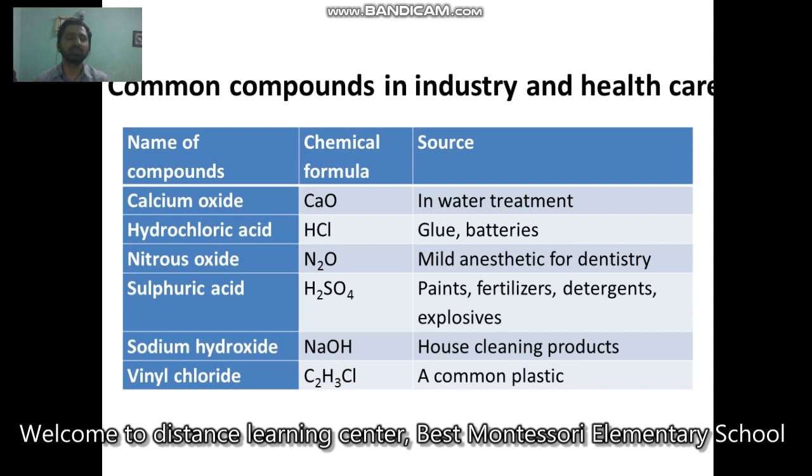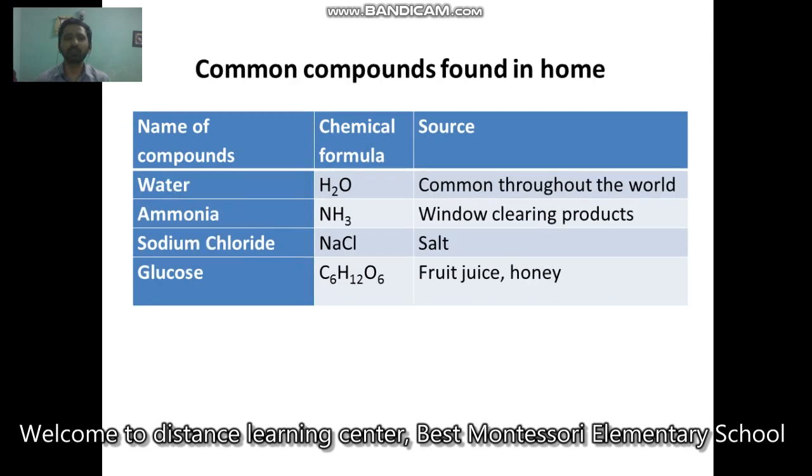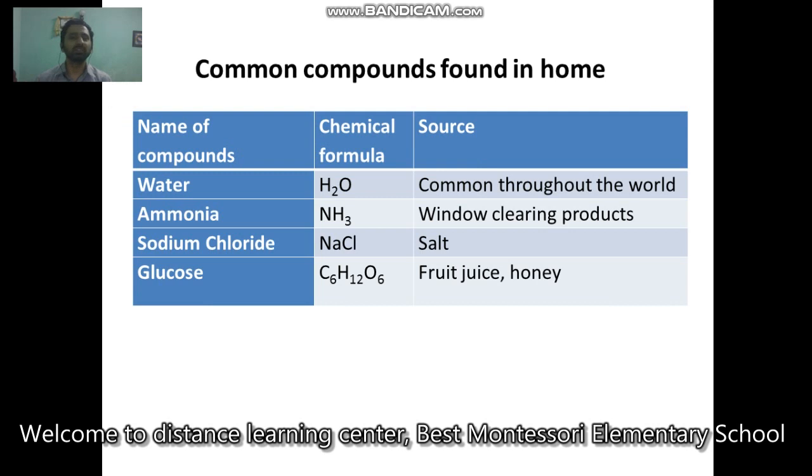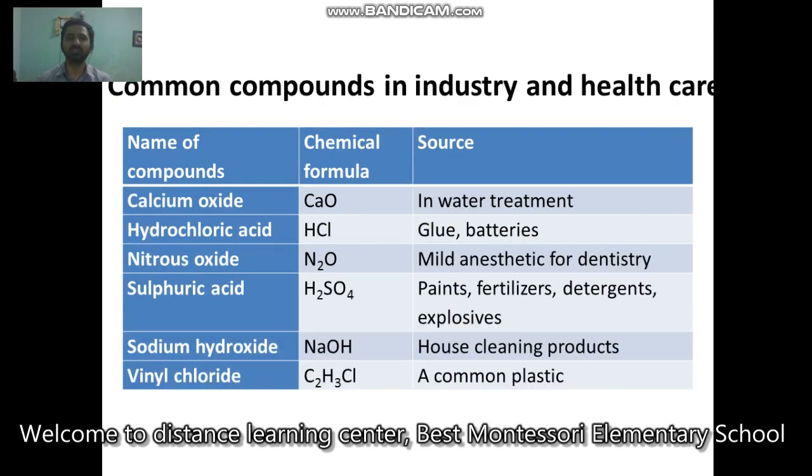We saw some chemical compounds found in nature, their formula and their source; some found in the home, with their chemical formula and source; and lastly the compounds used in industry and healthcare with their chemical formula and sources. I think the video was very helpful to clarify some of the common compounds around us, their uses, their sources, and their chemical formula.